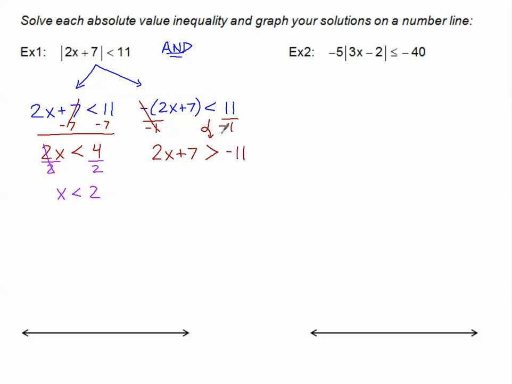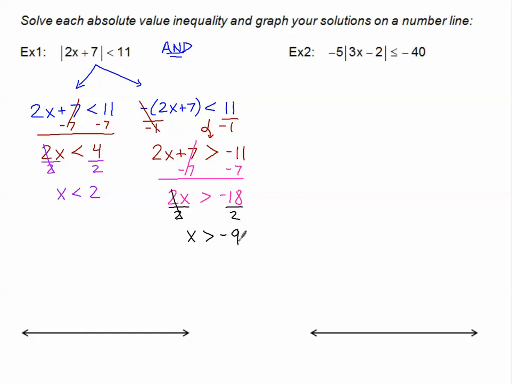So watch out when you multiply or divide by a negative number. Now I'll subtract 7. Basically the same exact steps that I did over here. 2x, subtraction does not change my symbol. This is negative 18. And I'll divide by 2. Dividing by a positive does not change my symbol, and I get negative 9.